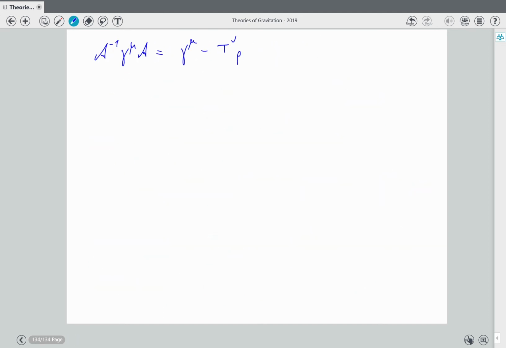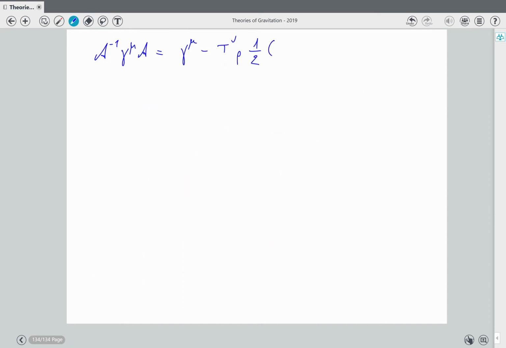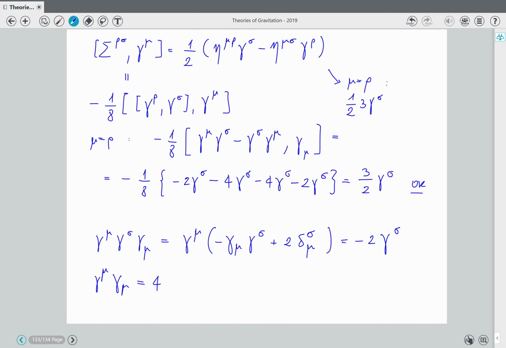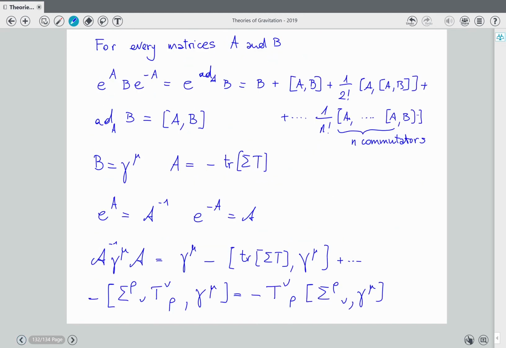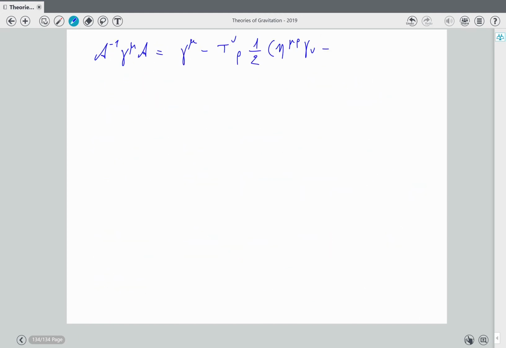So 1/2 rho nu gamma mu eta mu rho gamma nu minus rho nu. You have to exchange rho with nu, so that will be a delta because there is an eta mu rho, gamma mu nu gamma rho.